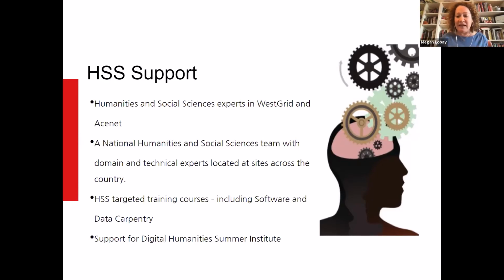And they're located from Victoria to Newfoundland. We're across the country. So you can always reach out to the National Humanities and Social Sciences team specifically for more of that targeted advice.